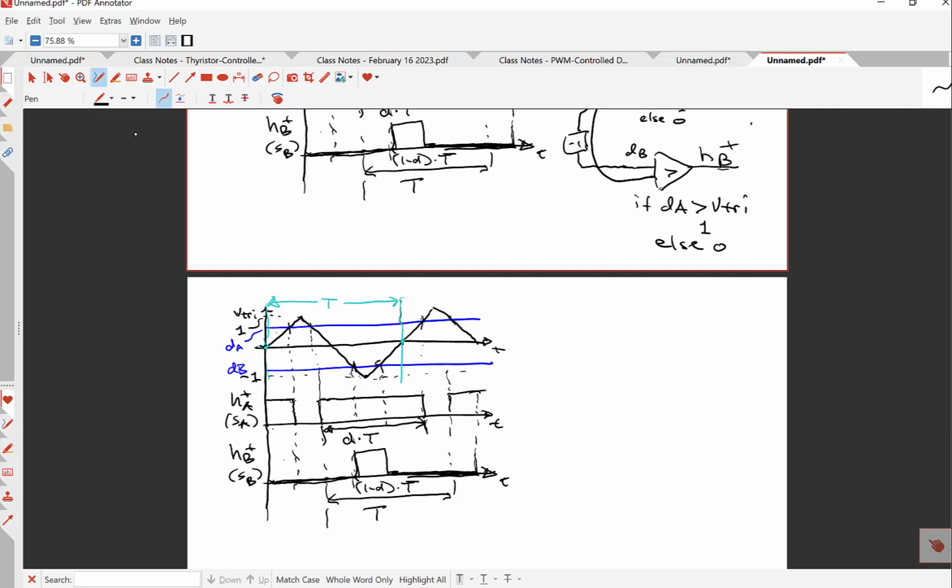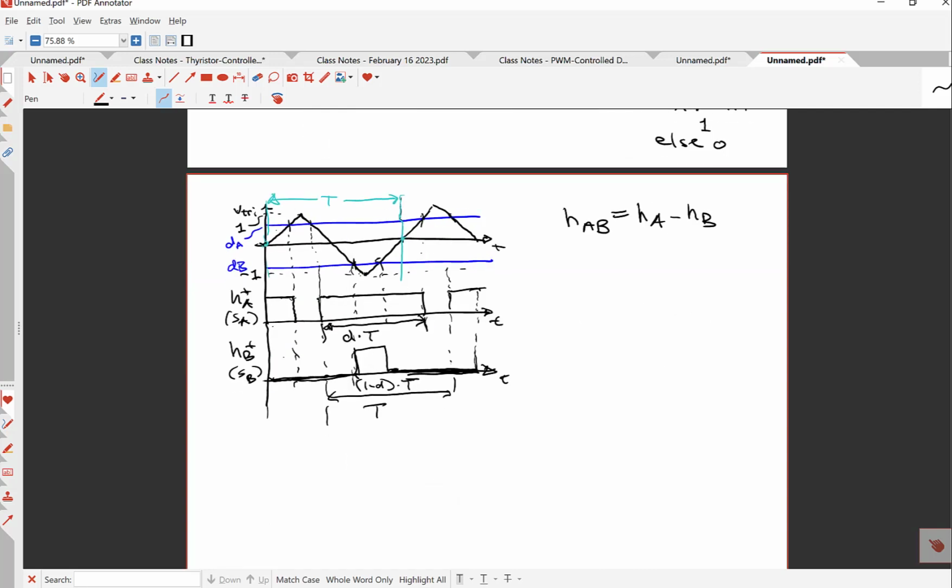We can look at this in a fairly simple way, and say that what we're really interested in is some synthesized pulse of HAB. We can get that simply by subtracting these from each other, HA minus HB. So let's see what that would give us down here. We'll call that HAB.